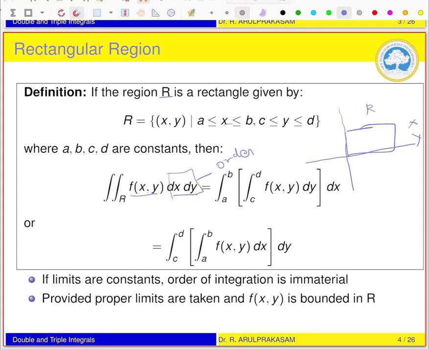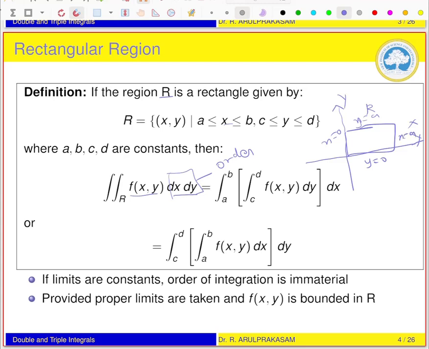Here x is equal to 0 is the y axis, y is equal to 0, and x is equal to a.